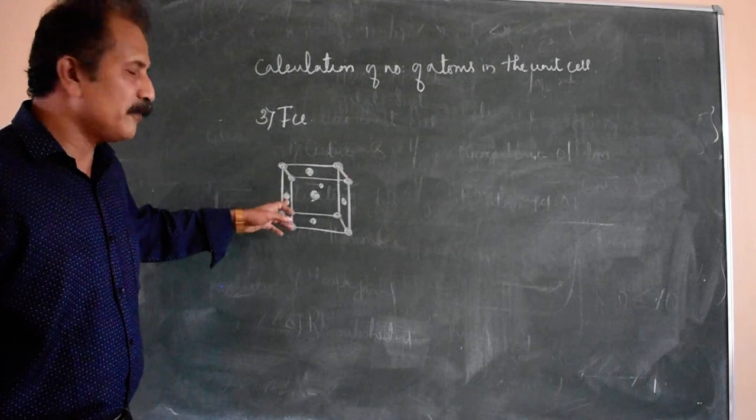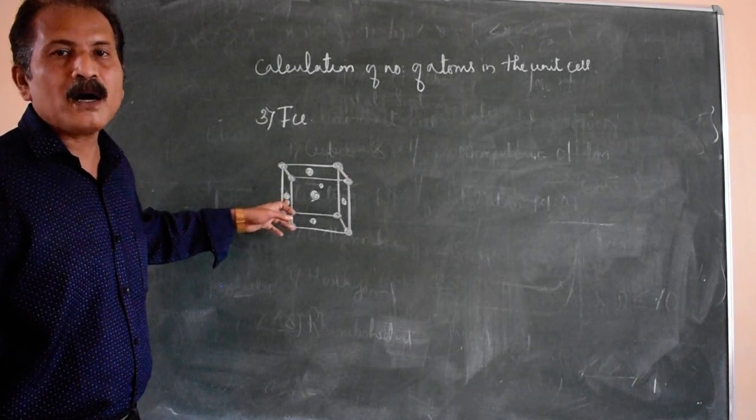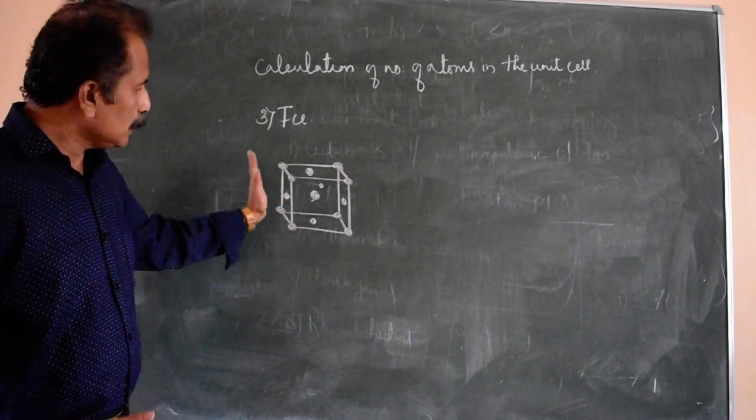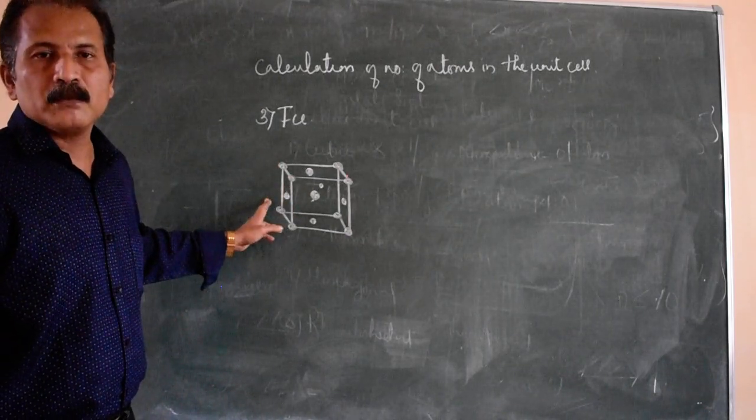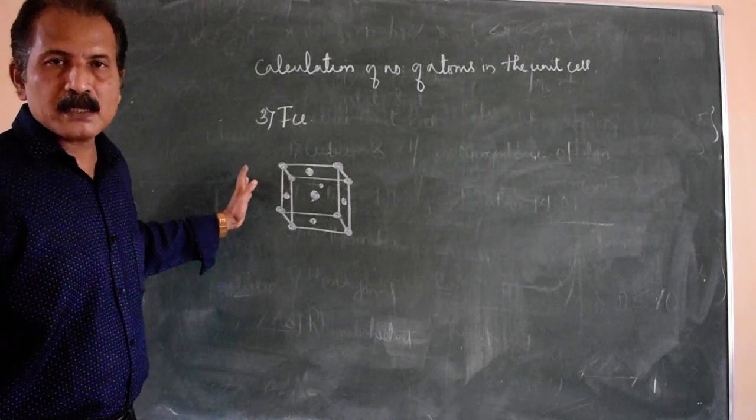Therefore, since they are on the face, their contribution will be half per unit cell, because it can come in contact with another unit cell and therefore it can be shared with another unit cell.